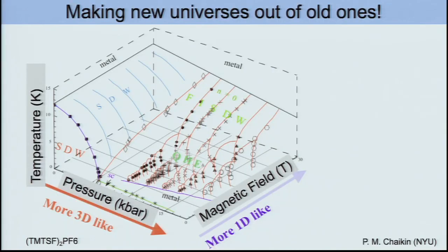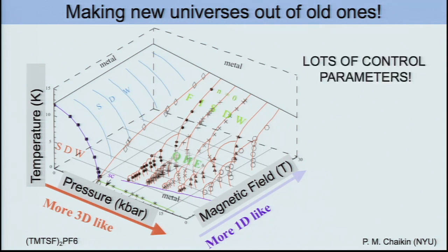So one very final example, I should say that not only do these different crystals, each one gives us a new universe, but when we have a crystal, we can also tune it. So this is a particular material that is tuned by both magnetic field and pressure and temperature to make all these different phases that I'm not going to talk about. There's superconductivity, spin density waves, metallic behavior, field-induced spin density waves, an enormous amount of complexity.